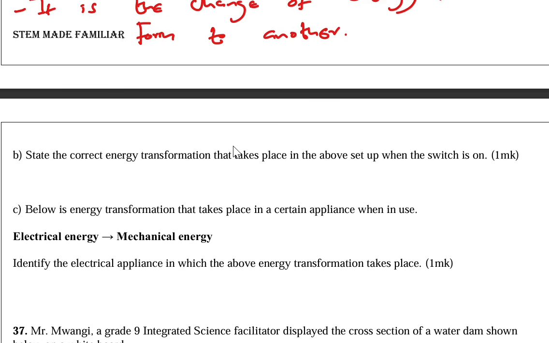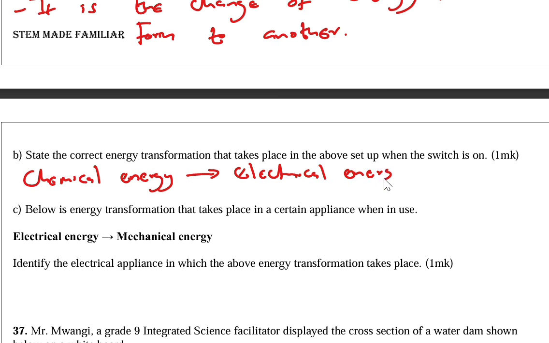So the energy transformation is chemical energy from the battery, to electrical energy, and finally from electrical energy to sound energy. And then you score that 1 mark.